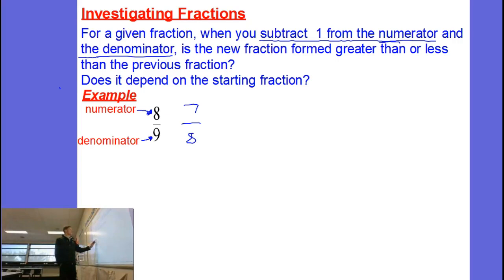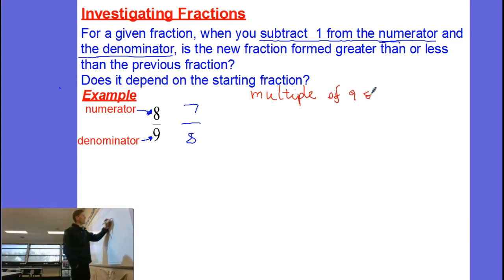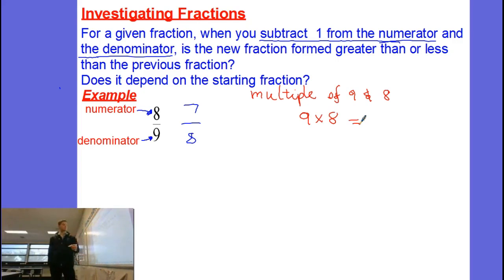I want to look for a multiple of 9 and 8. And I can go 9 times 8. Well, 9 times 8, if I remember my times tables, is 72.